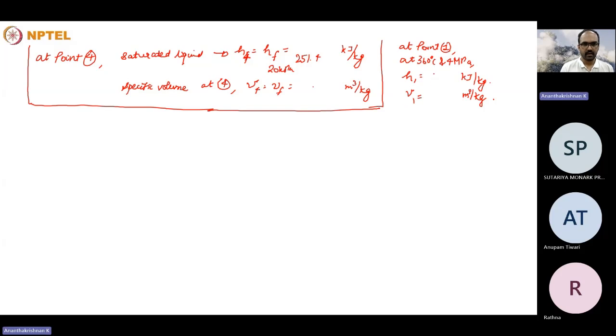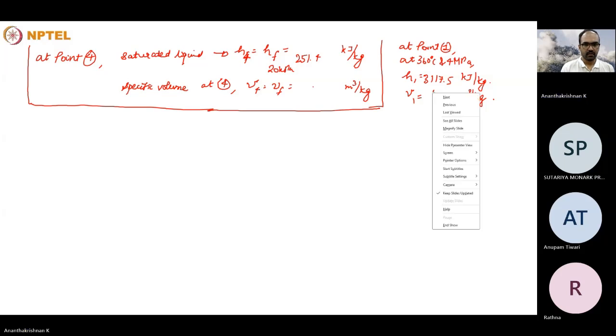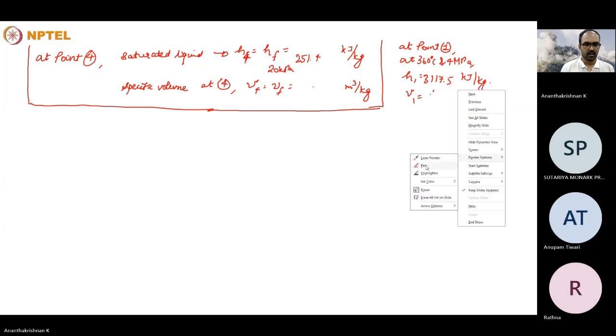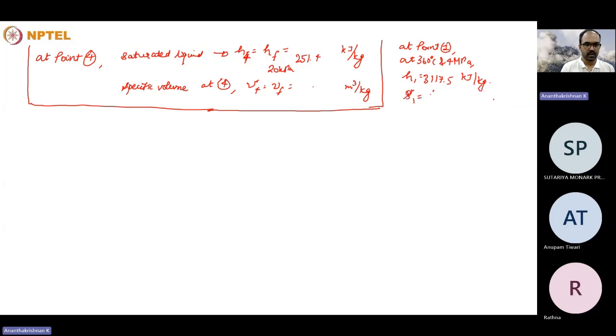And then at 360 degrees Celsius and 4 megapascal, H1 will be equal to 3117.5 kilojoule per kilogram. We do not require the specific volume in this case. We require the entropy S1.